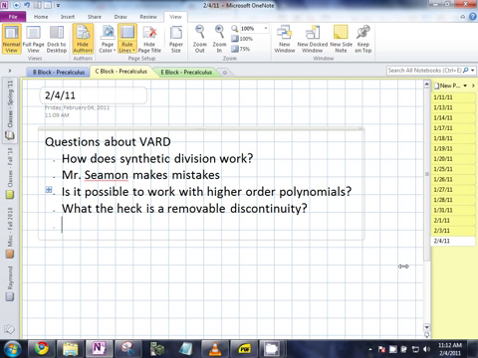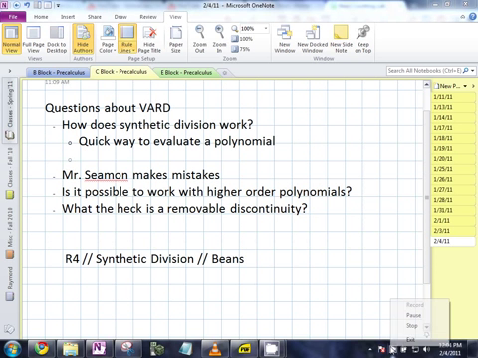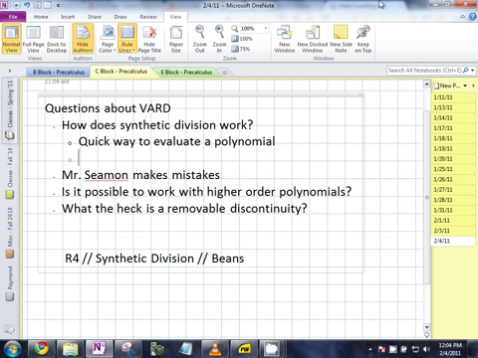Okay, that's fine. Evaluating simply means plugging a value in and getting out an output. That's it. We are particularly interested in values of x that result in the polynomial equaling what?